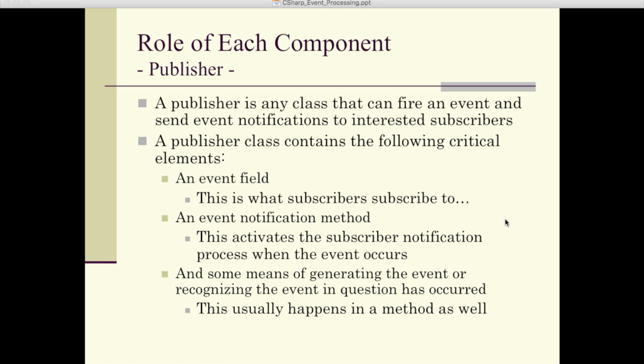It has to have some notification method. In other words, there has to be something in that class that triggers the subscriber notification process when the event occurs. And then you have to have some means of generating the event, right? Some means of generating the event or recognizing that the event in question has occurred. And this usually happens in a method as well.